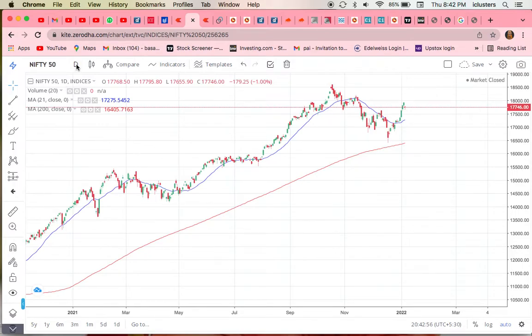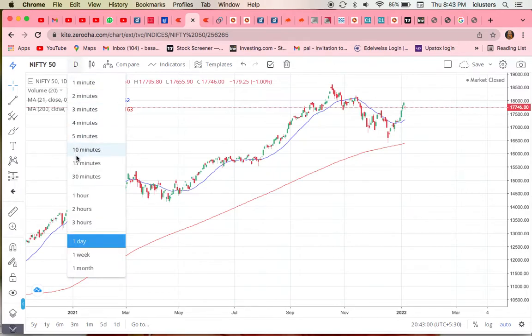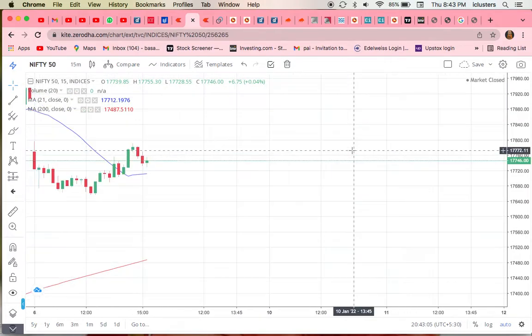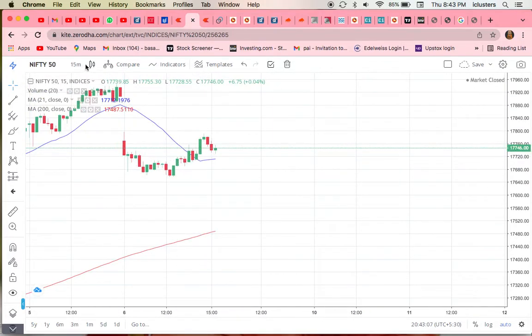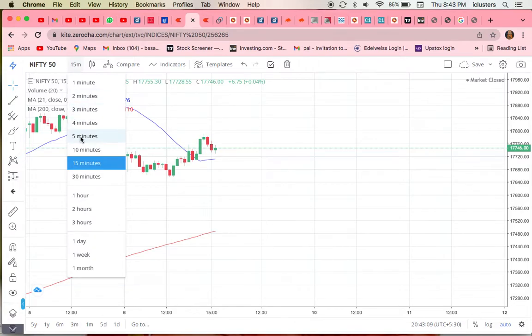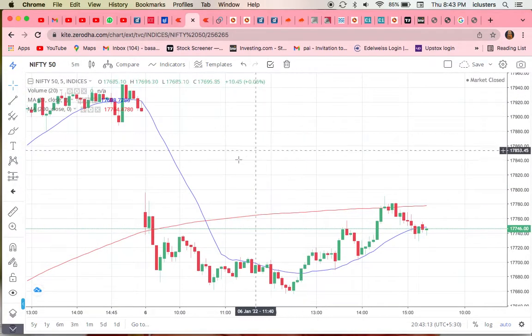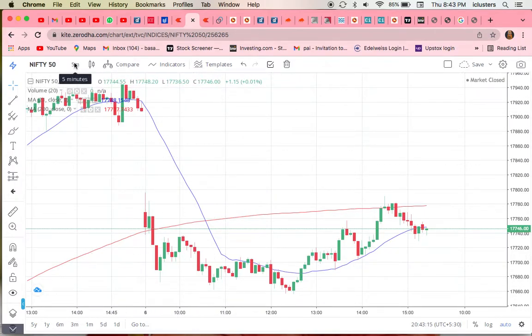See, this is the daily time frame. We intraday traders need to use the daily time frame, and second we use the 15 minutes time frame to see the trend analysis, and we need to see the 5 minutes price movement. And when you are going to place an order, you need to use the 1 minute time frame.